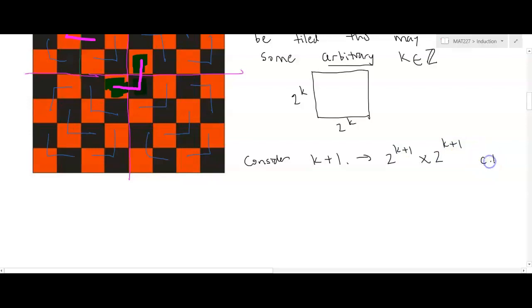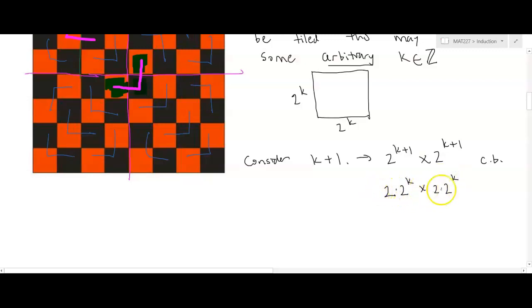checkerboard. Now we've already kind of reasoned that if you increase the exponent by 1, you just create 4 of the previous case. And you can see that here by properties of exponents that 2 to the k plus 1 is 2 to the 1 times 2 to the k. And normally when we multiply bases, we add their exponents. And this right here is 2 times 2 to the k.